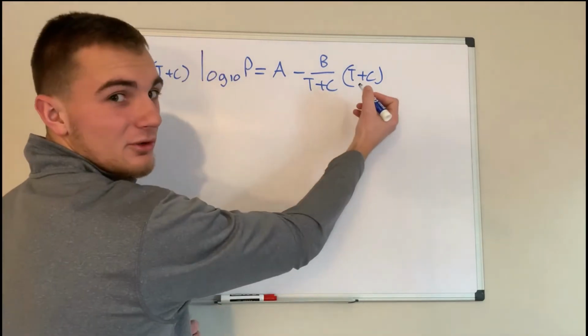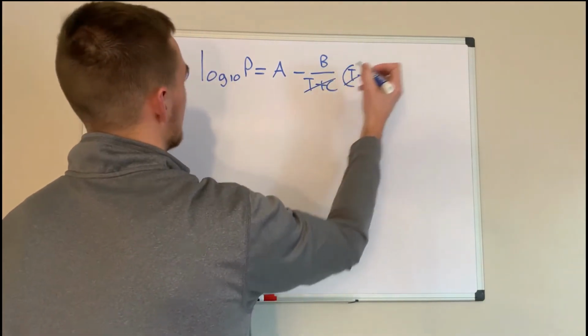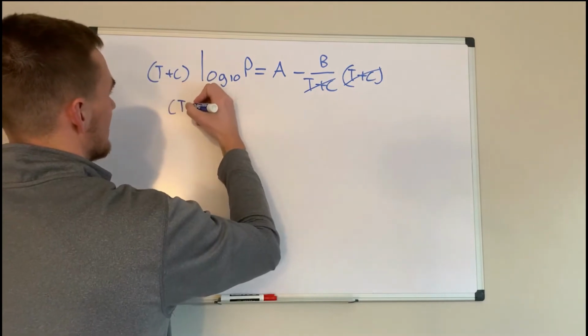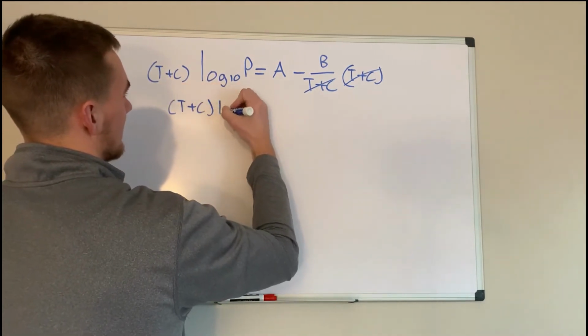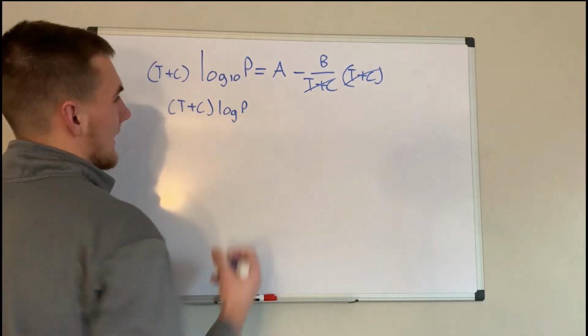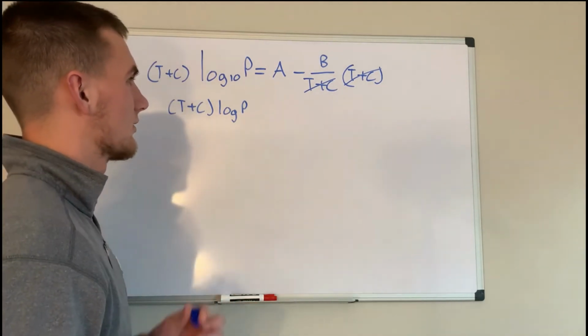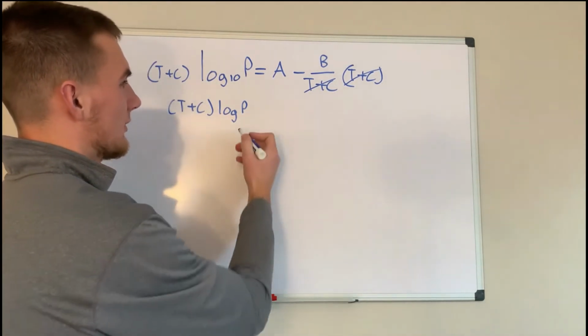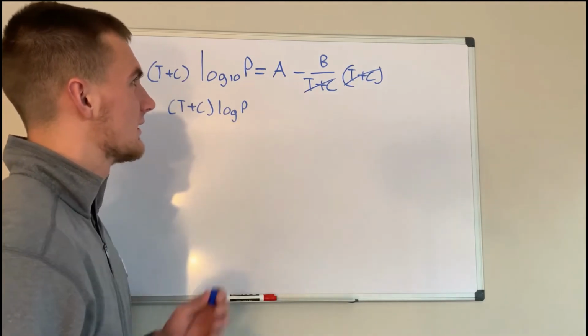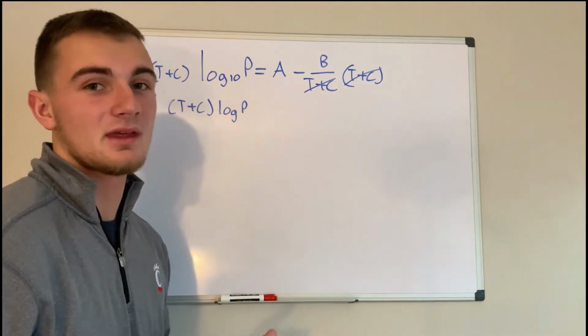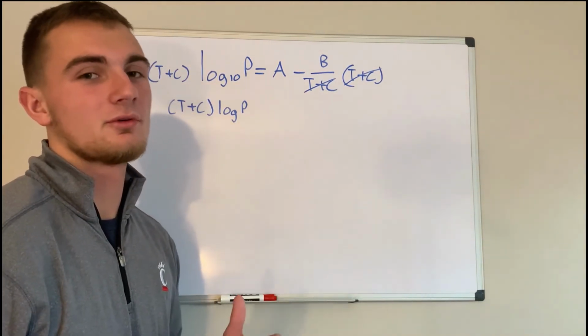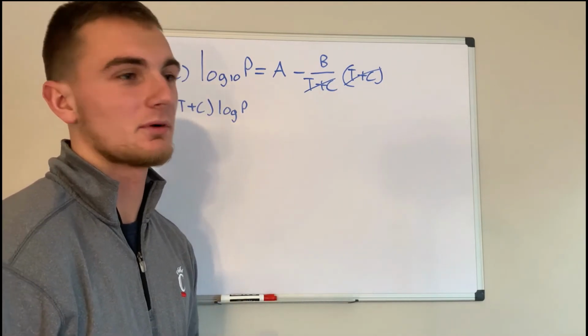These two terms on the right will cancel out, so we will be left with T plus C times the log of P, and from here going forward I will write this as the log of P, so I will take away the base 10, but it is important to remember that we do have the log base 10 of our vapor pressure.